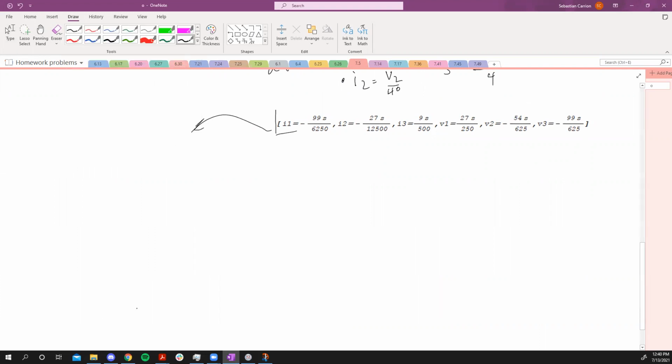Just a little thicker. Let's see. So I1 equals negative 99 S, and well, we know our S is d I1 over dt over 650.